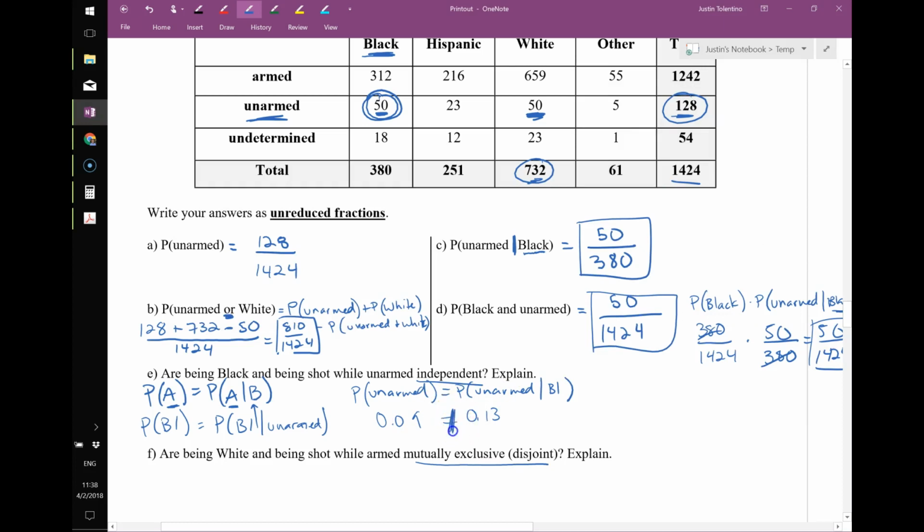No, they're not. Right? In fact, we notice that when it's given that it's a black person, that probability that they're shot while unarmed is actually higher. So it changed. It affected it by knowing their race or ethnicity. And so are they independent? No. And you can just state that the probability of unarmed is not equal to the probability of unarmed given black.